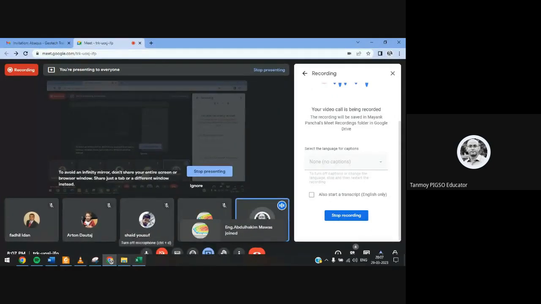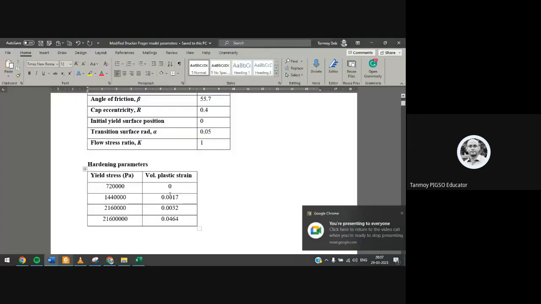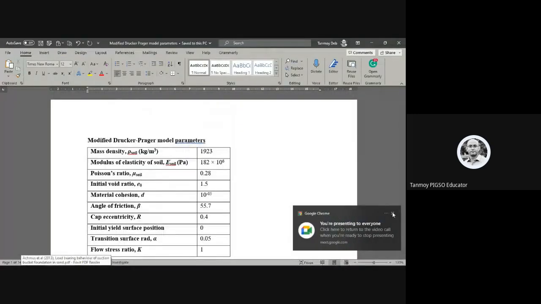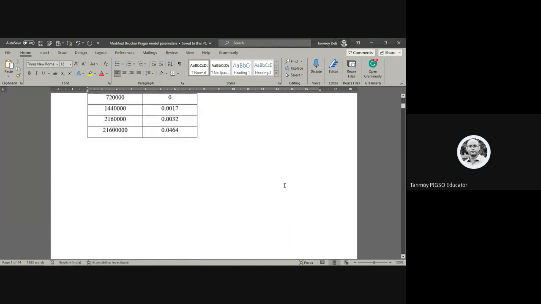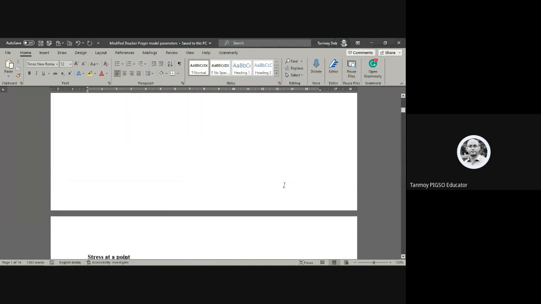Now the second part is some programs we said will be run using the Drucker-Prager model and the CamClay model.